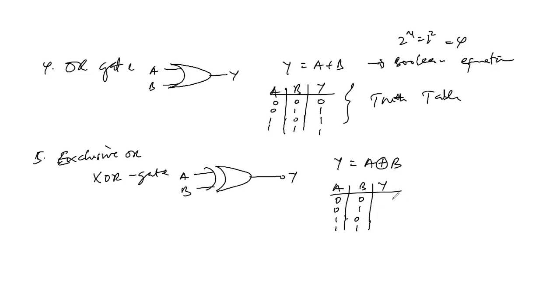For the exclusive OR, 0 plus 0 is 0, 0 plus 1 is 1, 1 plus 0 is 1, and 1 plus 1 is 0. More like 2 divided by 2 is 1 remainder 0, so drop the 1 and keep the 0. So this is the truth table.